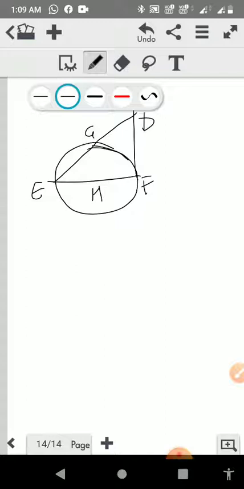We have to use two theorems here. First we have to use Pythagoras and then the tangent secant theorem. DF is the tangent and DE is the secant, then from the tangent secant theorem we can write DF square equal to DE into DG.